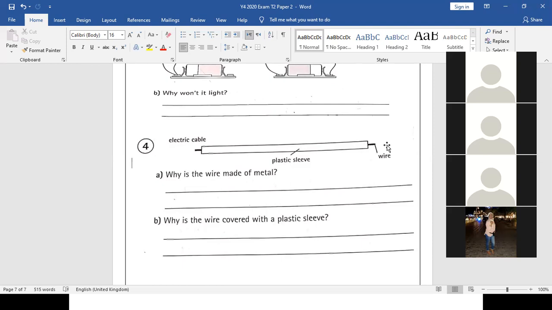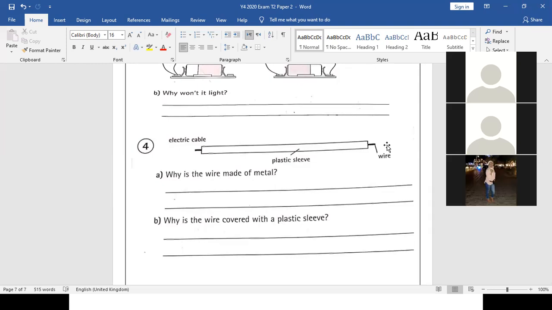Because the metal is a conductor or an insulator? What allows the electricity to pass through it, the conductor or the insulator? The conductor. Yes, exactly. So why is the wire made of metal? To allow the electricity to pass through it, because it's a conductor.